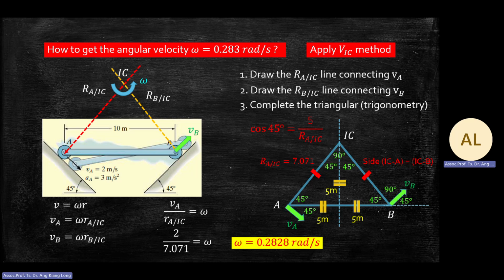So you can find the R length from the formula. This length is 5 over cos 45, you get 7.07, and the other side is the same. So you can find V or omega. V equal to omega R.